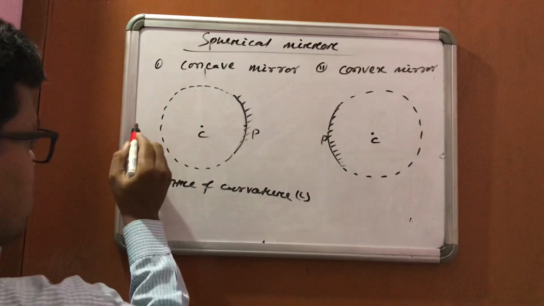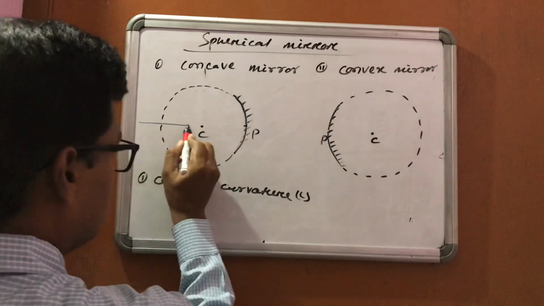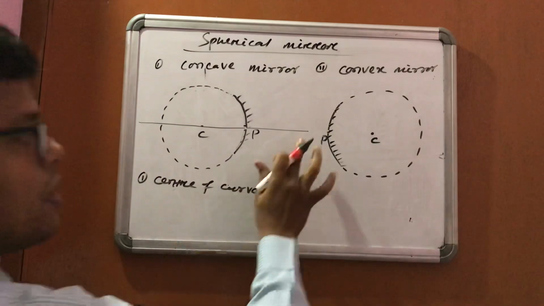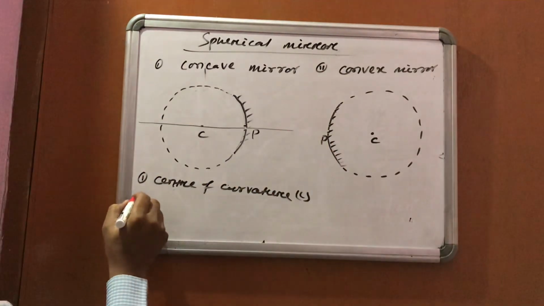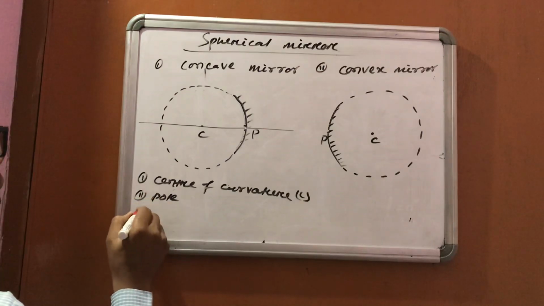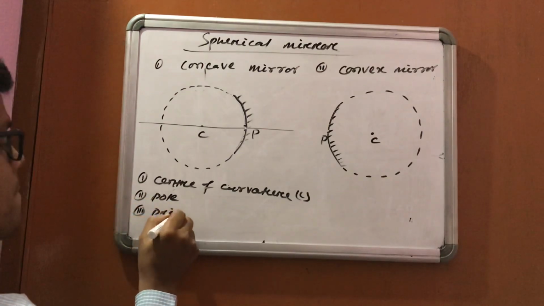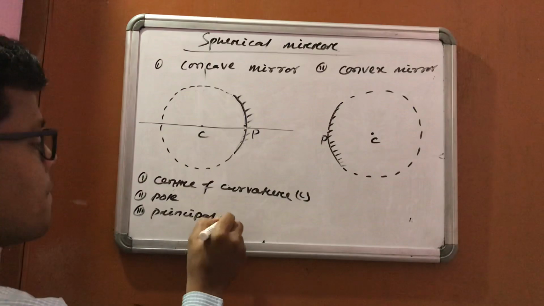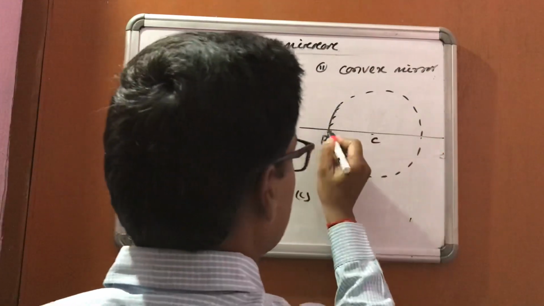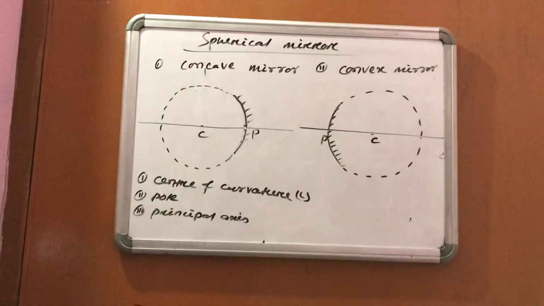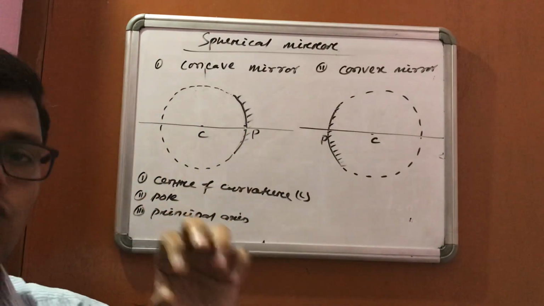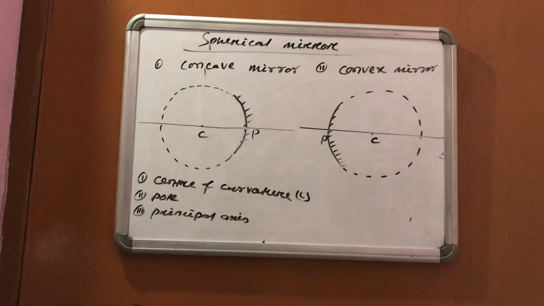Let us consider an imaginary line, the line passing through the center of curvature and the pole. This is known as the principal axis. Similarly, this is also the principal axis. So what is the principal axis? The line which passes through the center of curvature and pole of a mirror is known as the principal axis.